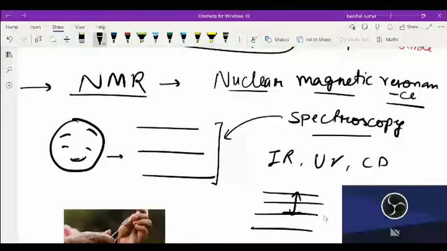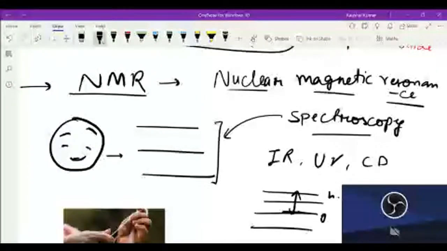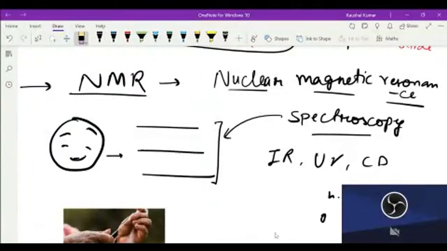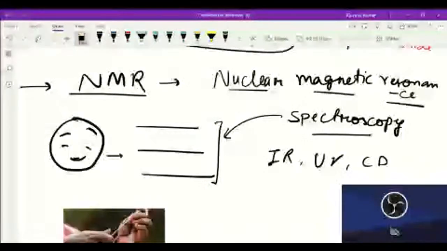It goes to a higher energy level, again comes back, emitting some light, that frequency of light, and then you say, okay, this molecule will be around this. Hope I am clear about it. This is the basic of spectroscopy that I told.